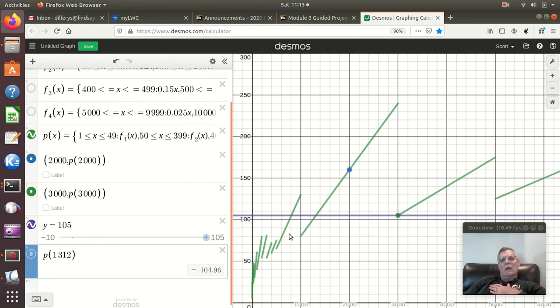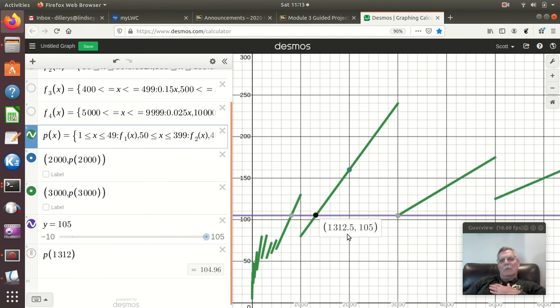I'll go check. But yeah, sorry about that. I'm not going to go back and erase this and redo it. We do make mistakes, but I realized in looking at it again, I thought, well, I took half off of the 312 and somehow got 311. But it is 312. That's a number smaller than 312.5, and you can see I check and we are at 104.96.